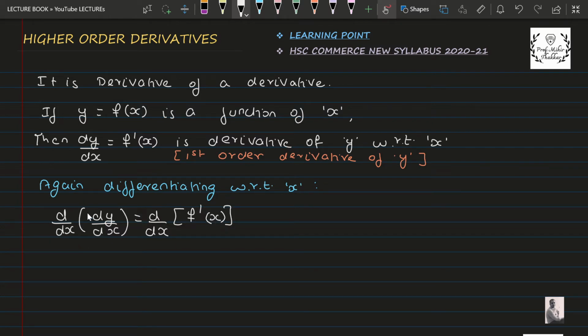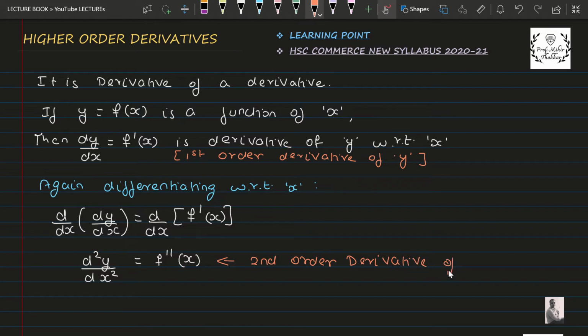This derivative of dy by dx is denoted by d square y by dx square, and the second order derivative of f dash x is denoted by f double dash x. This is called the second order derivative of y, obviously with respect to x.